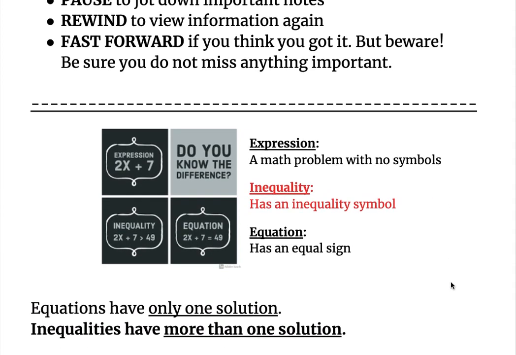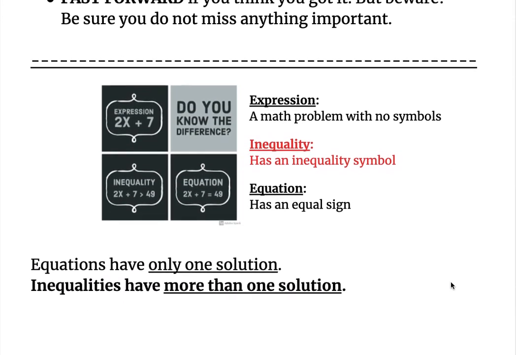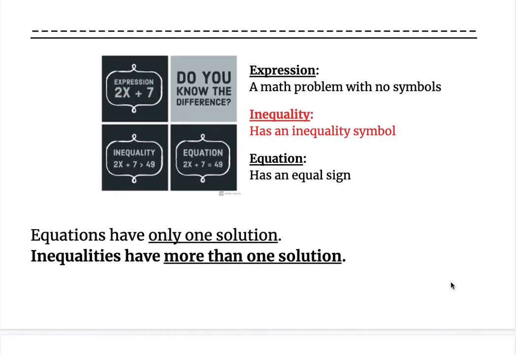So like we said before, equations, when you solve them, you have one answer, one solution. So inequalities, you're going to want to add into your notebook, have more than one solution because you're looking for all the possible values. For instance, in this problem, that'll give you an answer on the left-hand side that's greater than 49.